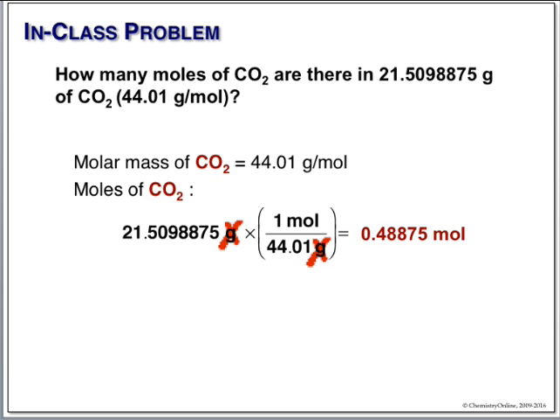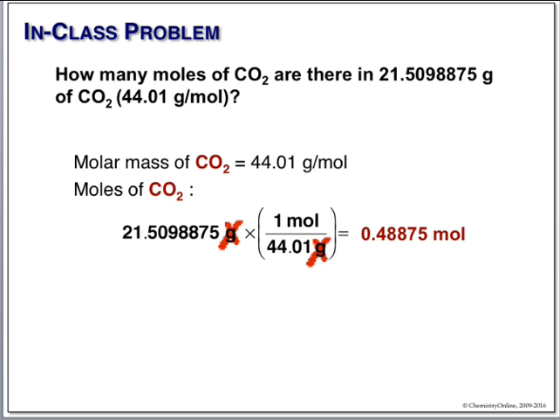Now the reason I wrote this problem this way is to try to remind you about rounding. Remember we talked about rounding. How many significant figures are we working with here? 4. 44.01. So we have to round this to 4. So we're going to round here, aren't we? How is this going to round?